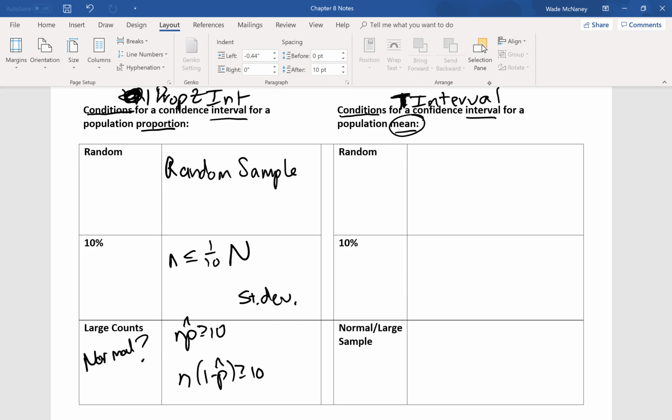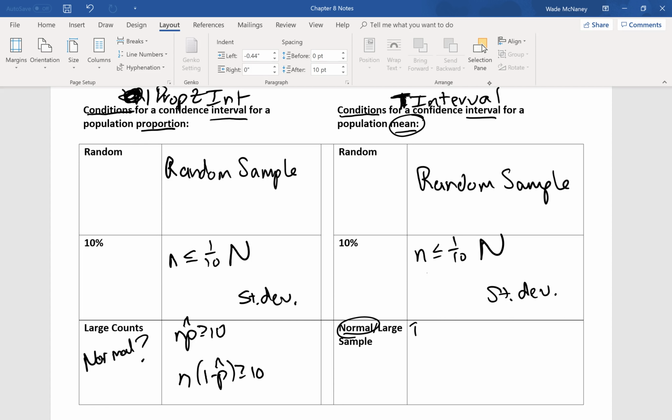Switching over here to means, when we talk about means for a T interval, it still must be taken from a random sample. My 10% condition must be satisfied. My sample must be less than 10% of my population. Again, this validates the standard deviation. And for my normal large enough sample over here, we're checking again to see if it is normal enough.